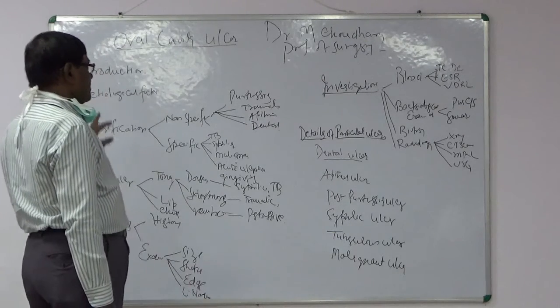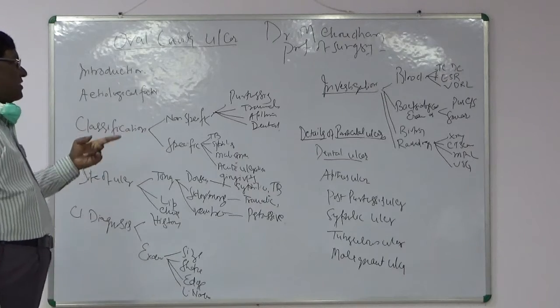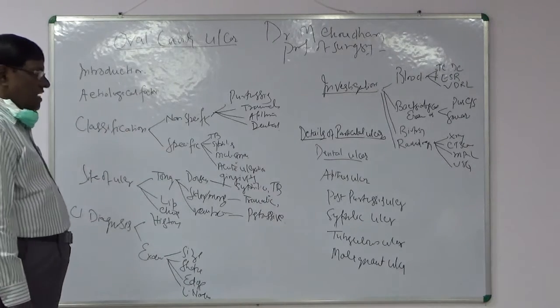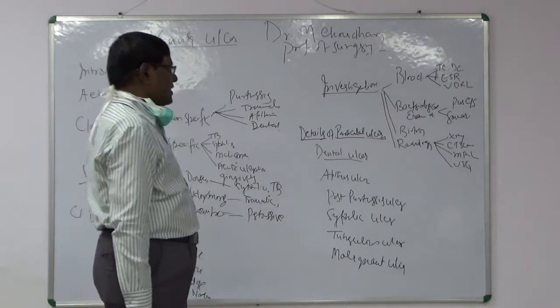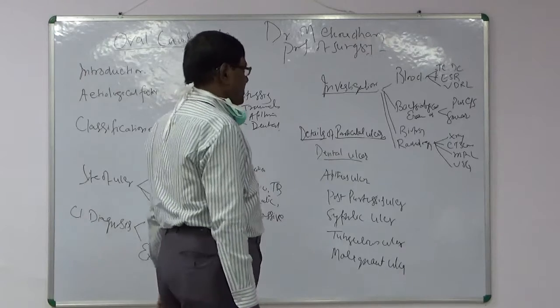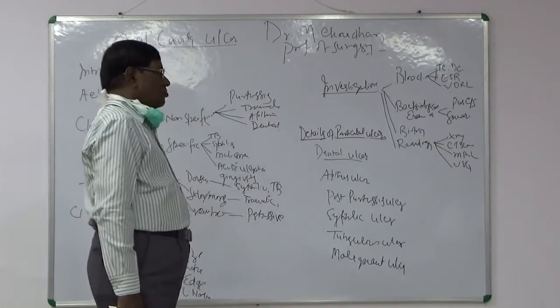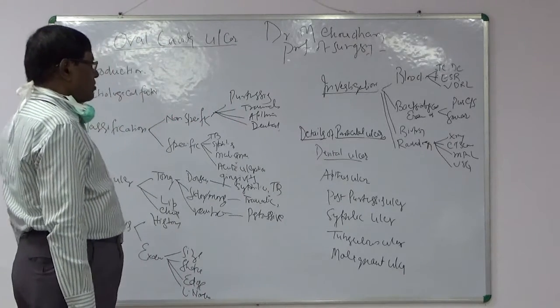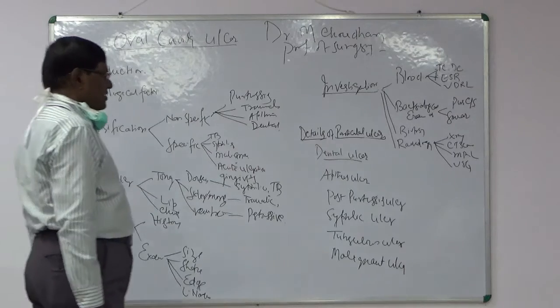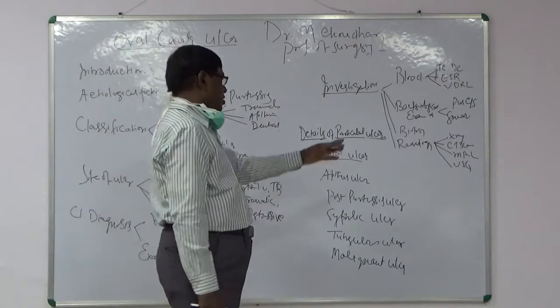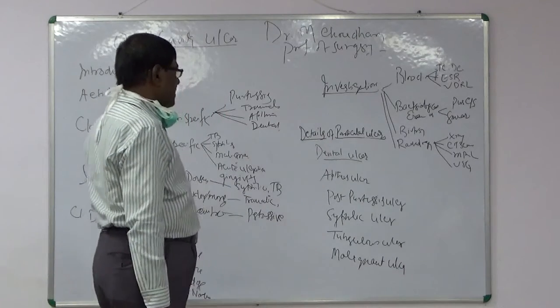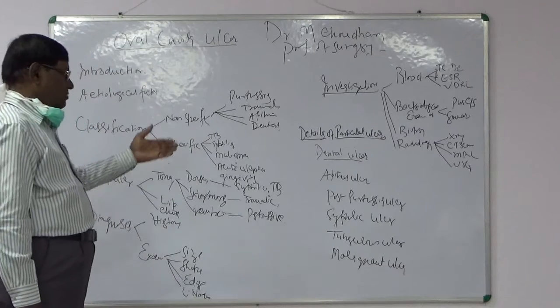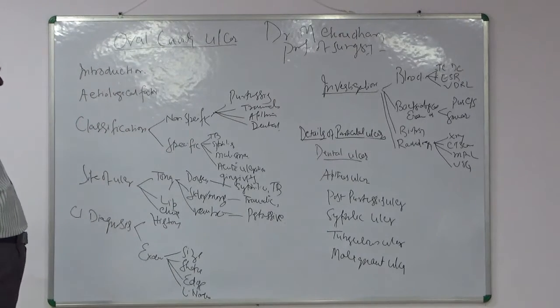Then you do some investigations, that is the blood examination, TLC, DLC, ESR, and also the bacteriological examination, swab from the ulcer and smear formation, and then you can diagnose tuberculosis and also the syphilitic positive organism. You should also do the biopsy and radiology, and then the details of the particular ulcer: dental ulcer, post-pertussis ulcer, syphilitic ulcer, tuberculous ulcer, and malignant ulcer.